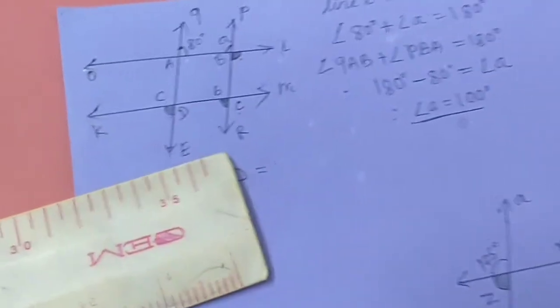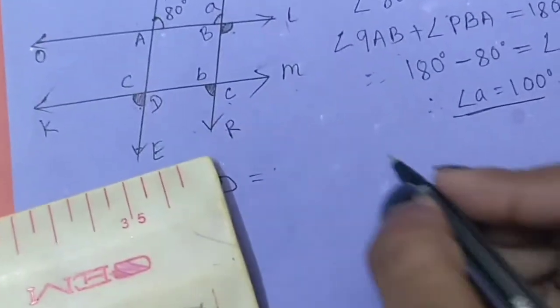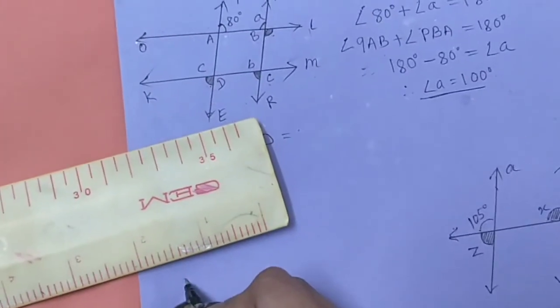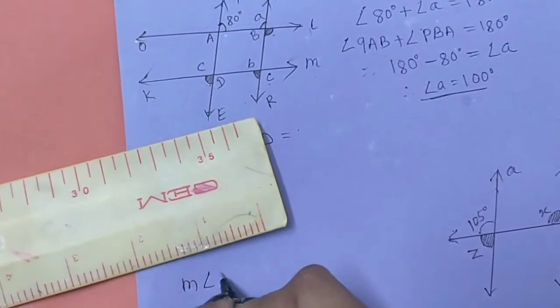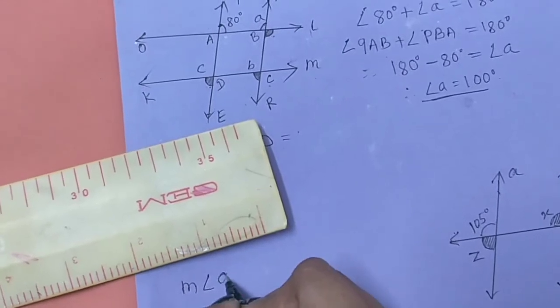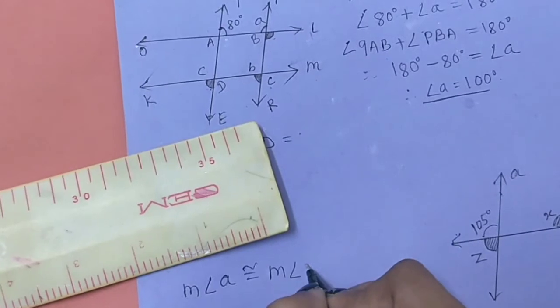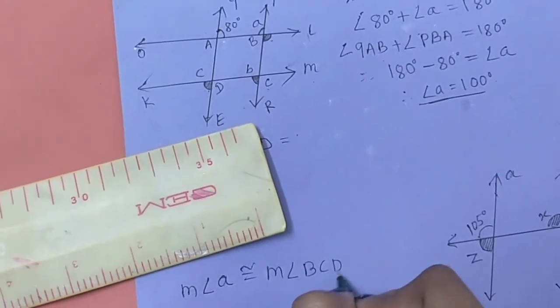So I'm going to write here: measure of angle A is congruent to measure of angle BCD.